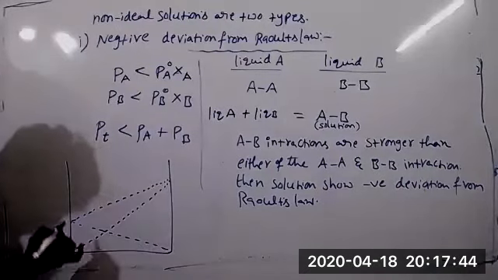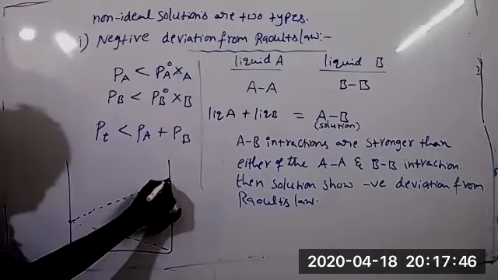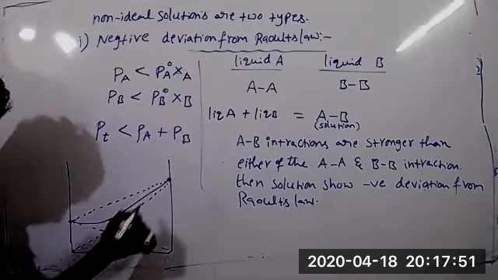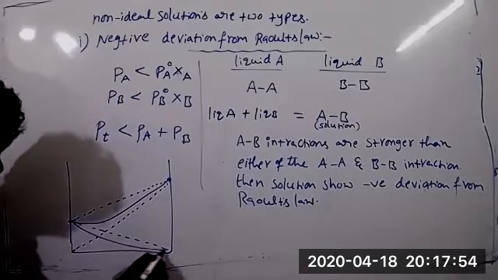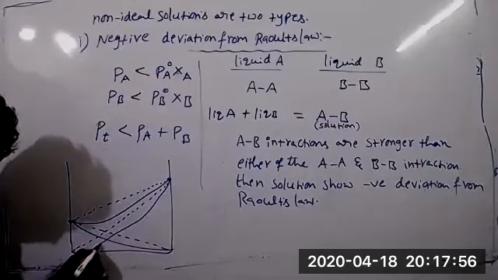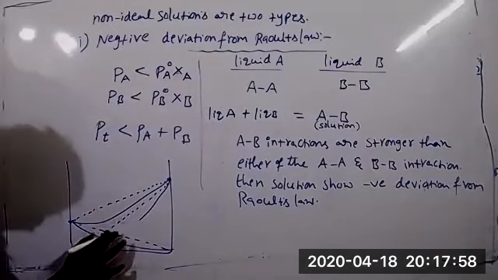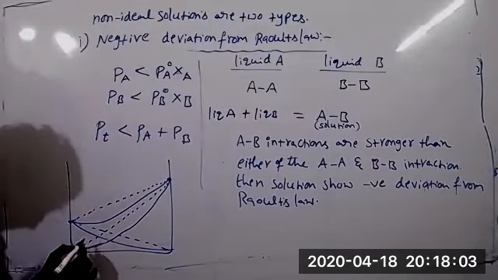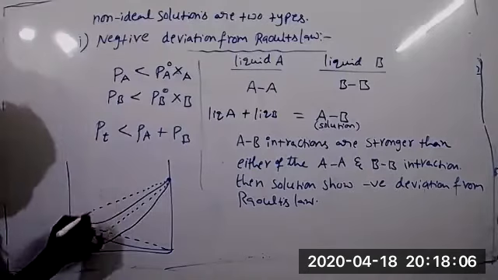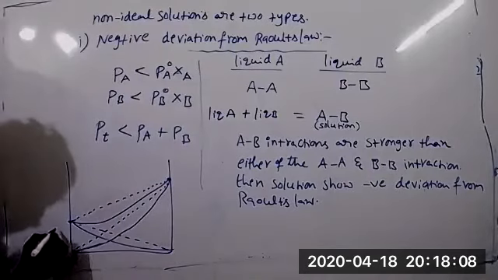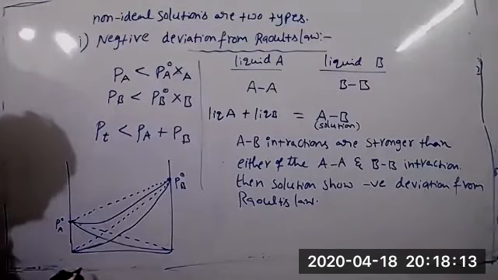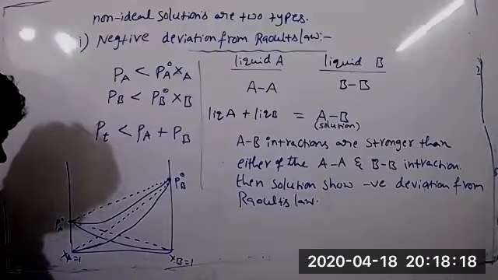If the solution is ideal, it shows a graph like this, but now the solution is showing negative deviation from Raoult's law. So now the graph is like this, a hyperbola, a downside graph, showing negative deviation. Mark P total, PA⁰, PB⁰, XA equal to 1, XB equal to 1.